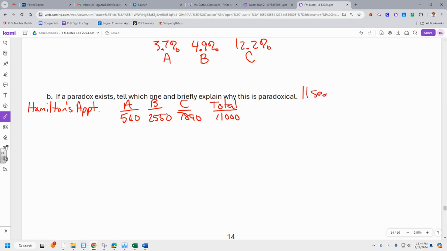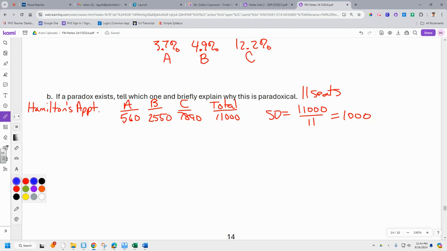We're passing out 11 seats, so let's calculate the standard divisor. The total population is 11,000 divided by the number of items, 11. That's 1,000. 1,000 people per seat, or one seat per 1,000 people, I suppose.